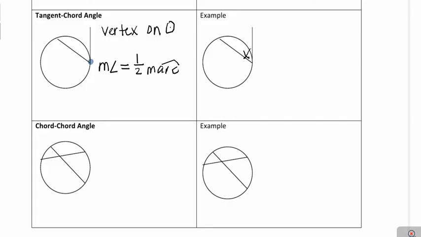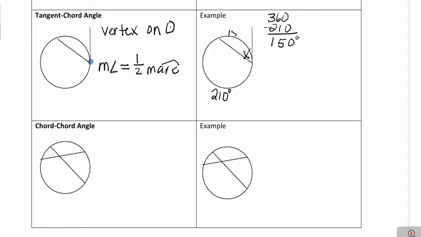So let's say we wanted to find the measure of this tangent chord angle, and we knew that the major arc is equal to 210 degrees. A lot of times people get stuck on a problem like this because they don't know what to do from here. Well, if we know the major arc is 210, we can find the minor arc by subtracting 210 from 360. And when we do this, we get 150 degrees.